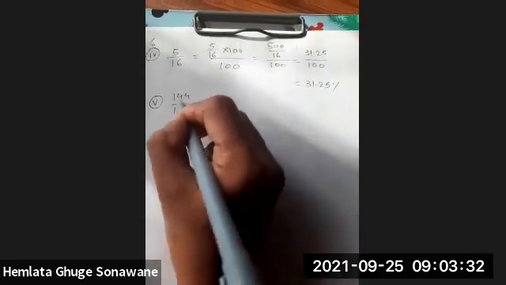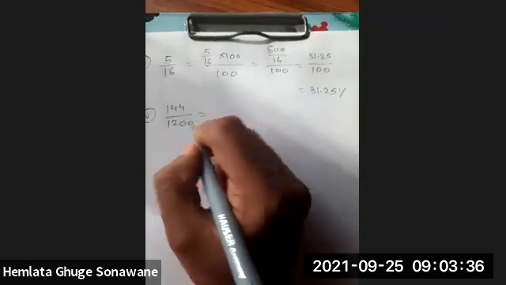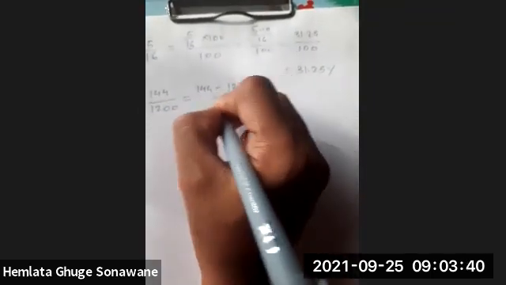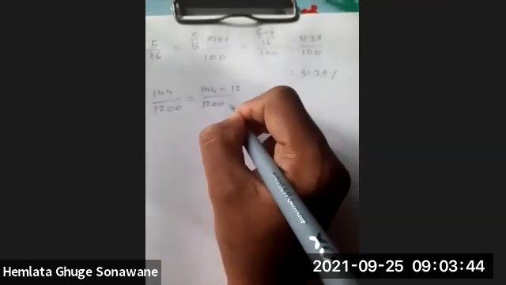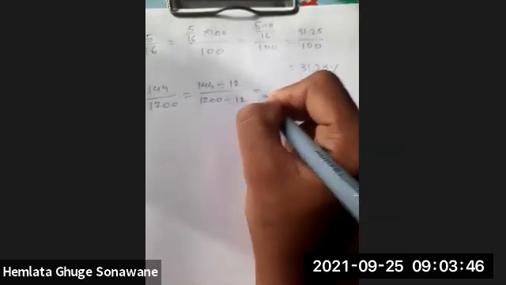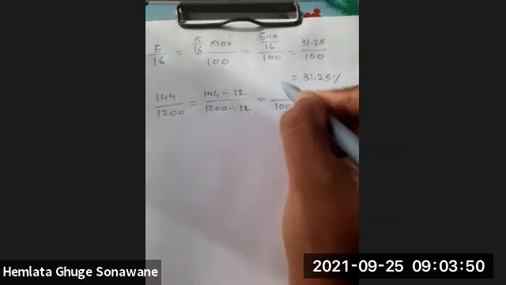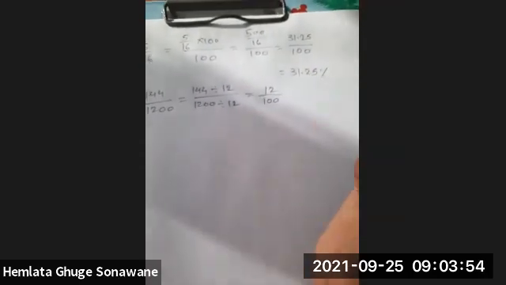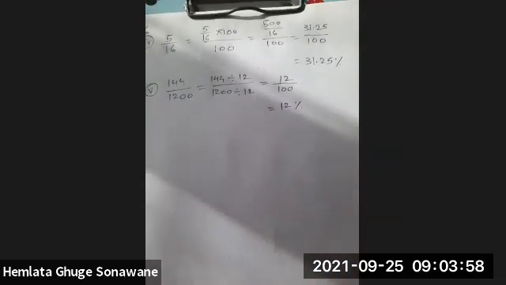So we'll divide 144 by 12 and 1200 by 12. This becomes 100, and 144 divided by 12 becomes 12. So this we can write down as 12%.